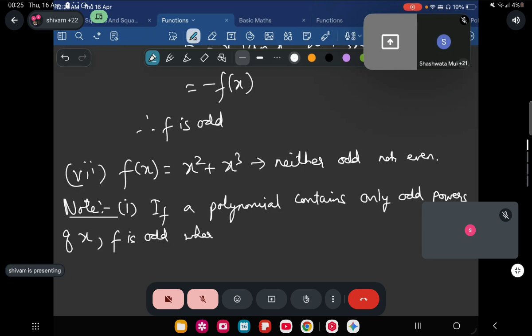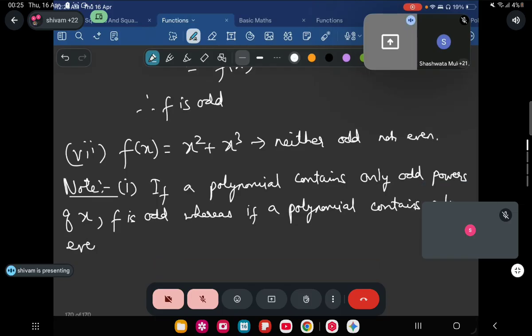Whereas if a polynomial contains only even powers of x, then f is even.